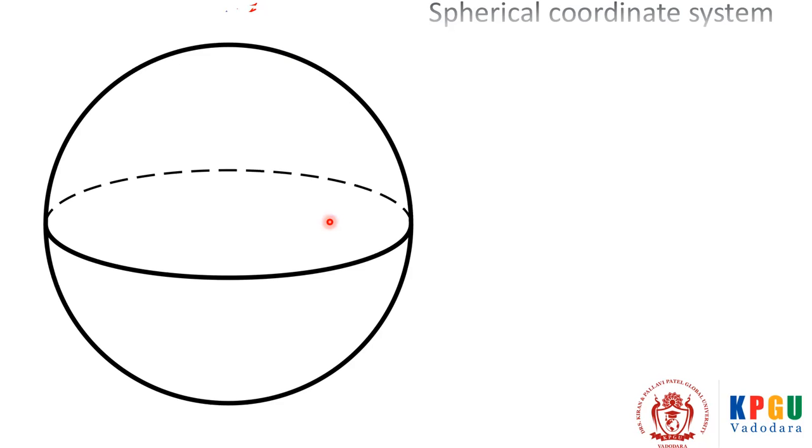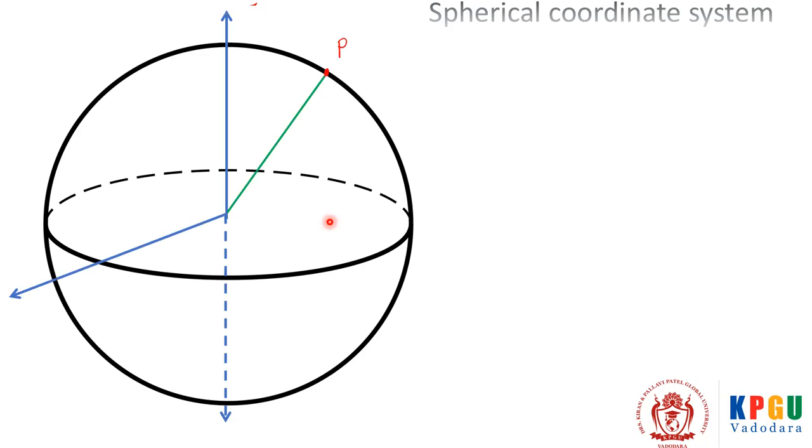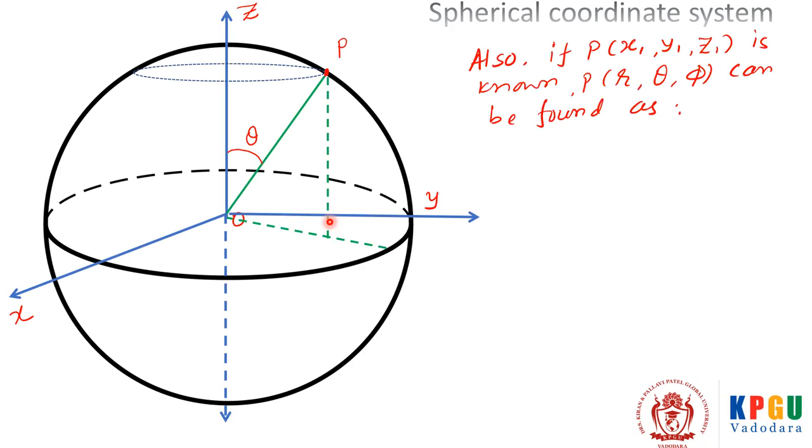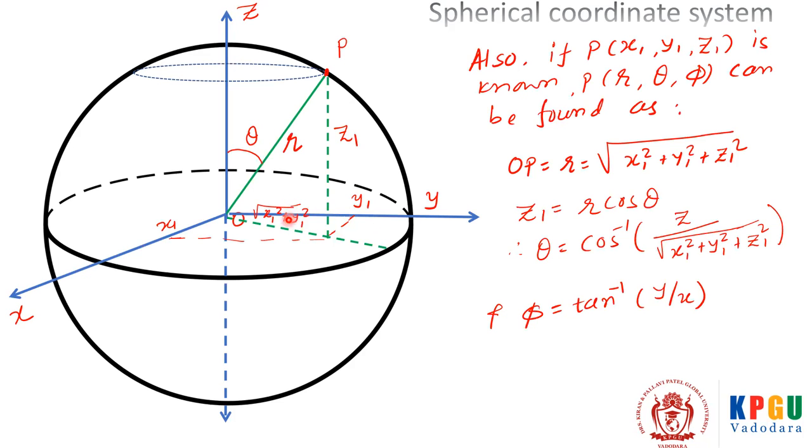Now next, let's see, if x1, y1, z1 is known and I would like to find out r, theta and phi, how can I do that? So for that, this is the point, this distance is y1, this distance is x1.